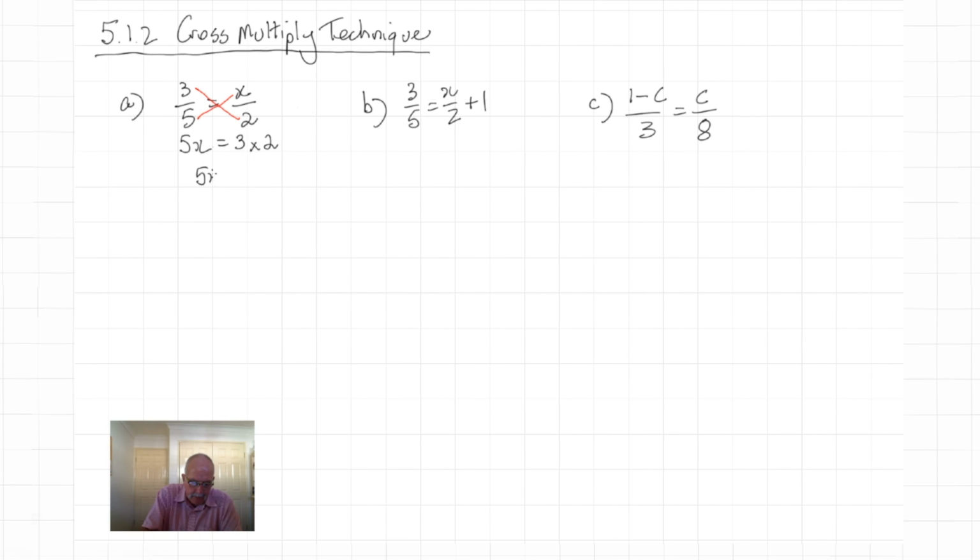So 5x equals 6. To get x by itself, we divide by 5, divide by 5, and that's 1. So we get x is equal to 6 over 5. And that's the only value of x that'll make that true. 3 over 5 is 6 over 5 over 2.